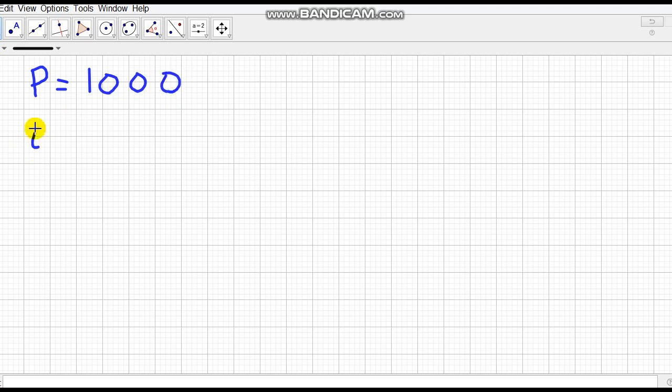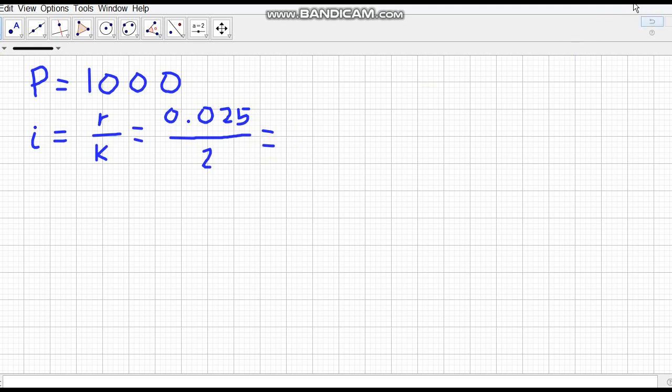and our interest rate per period is R over K, where our R is 2.5% or 0.025, divided by K, that is compounded semi-annually, so K equals 2.